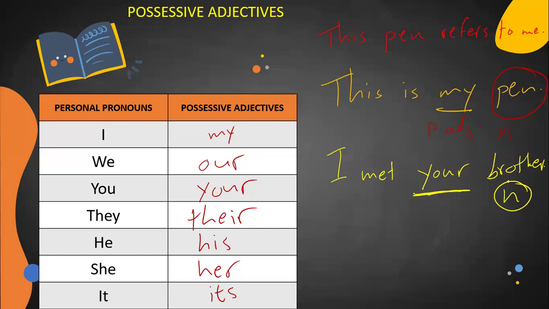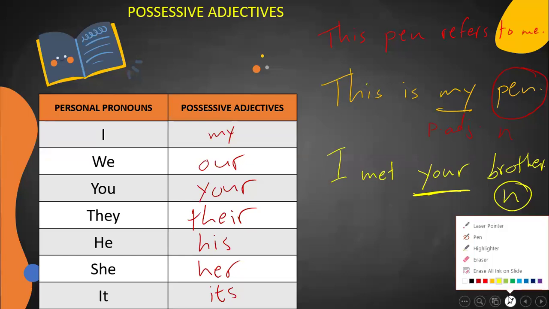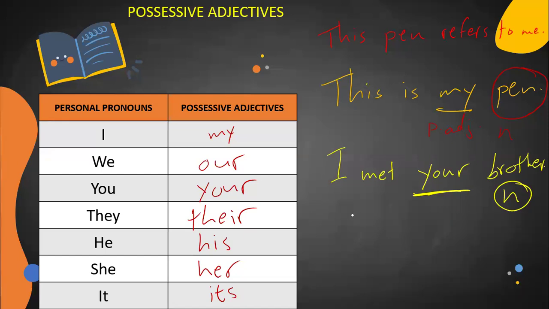Okay, here are two notes about there and its. Look at the word there and the word its. They are written this way: there, its. But we have its like this one, and there like this one.